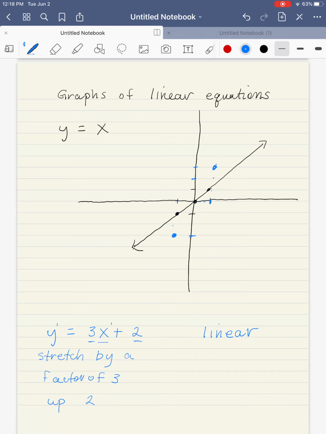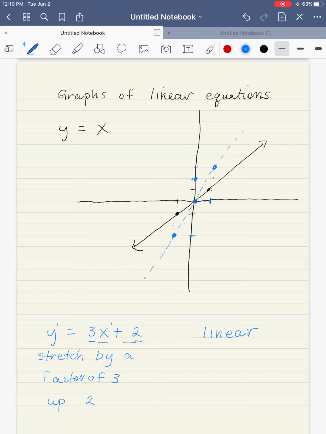So if I multiply x by 3, that gives me a stretch, and I'm going to do this with a dashed line because this is not my finished line here. I'm going to have something that looks like that. The up 2 means I take this blue dashed line and I move it up 2 units.